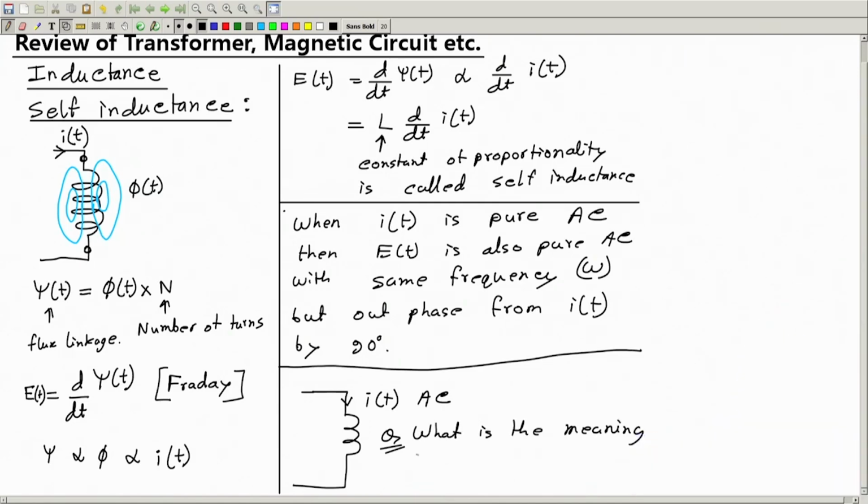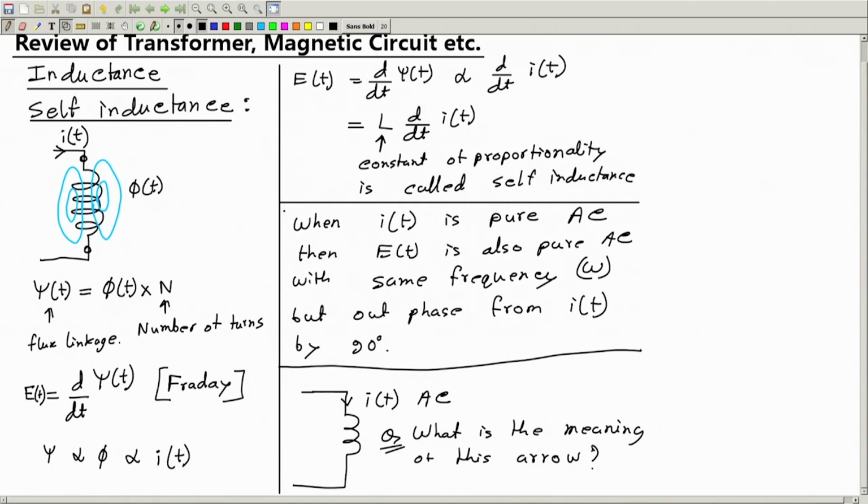What is the meaning of this arrow? Because you may say i(t) is AC, so it is changing its direction every half cycle. So why do we put an arrow? Because we know the current is sometimes flowing in this direction and the rest of the time in the opposite direction.